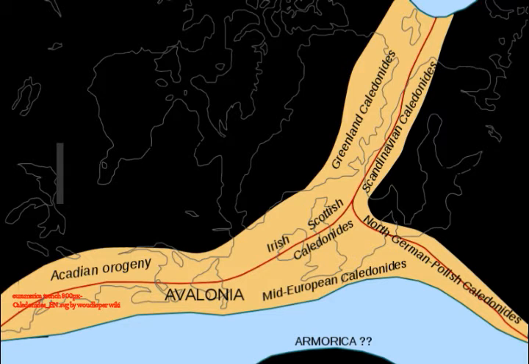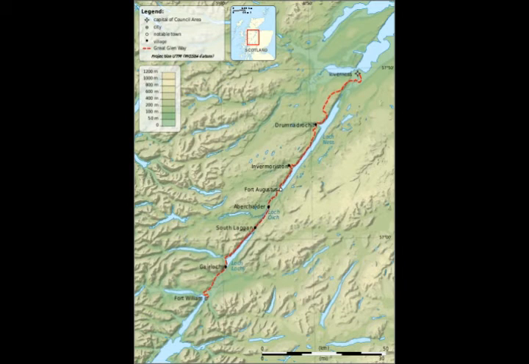Its formation takes us back to 470 to 460 million years ago, during the Caledonian mountain building period, when the ancient continents Laurentia and Baltica and Avalonia collided. 40 to 50 million years later, there was a period of intense volcanic activity, and as the eruption raged on, the expelled magma left behind a void.